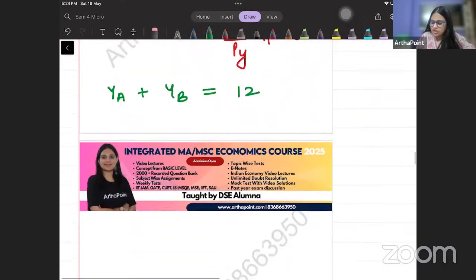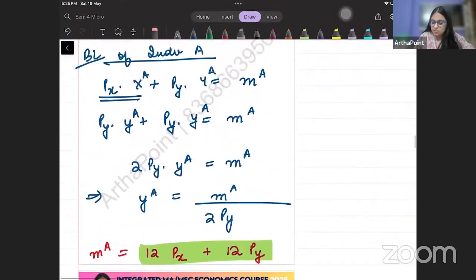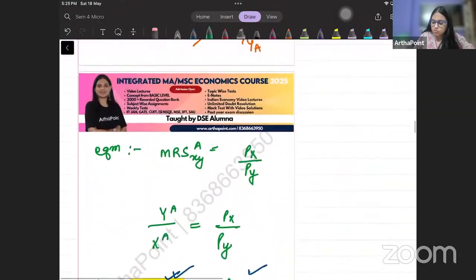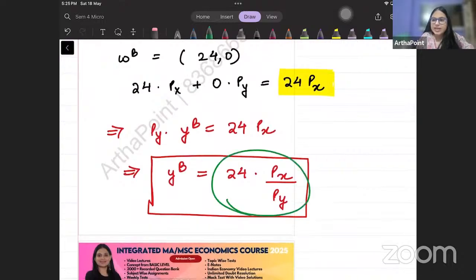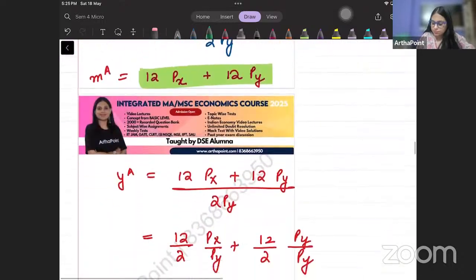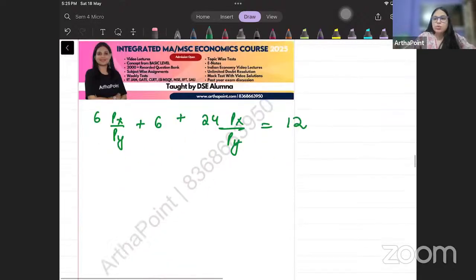So how much is A consuming, beta? A is consuming 6 px by py plus 6. How much is B consuming, beta? B is consuming 24 px by py. This should be equal to 12.